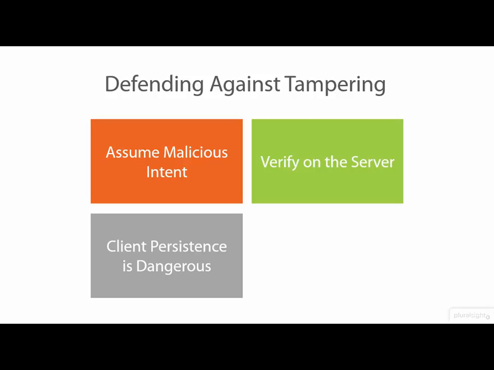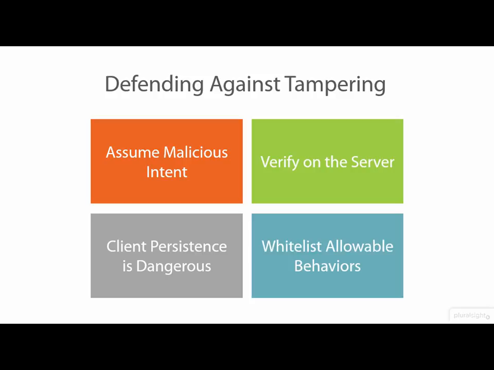Now you can use approaches like a MAC, a message authentication code, to persist data on the client and then ensure that it hasn't been tampered with once it comes back to the server. But certainly, simply persisting a value like that isAdmin flag anywhere where it can be tampered with is enormously dangerous.